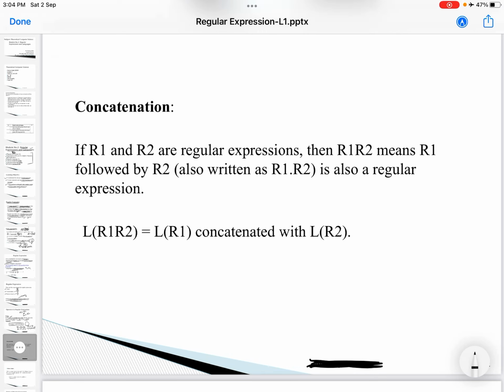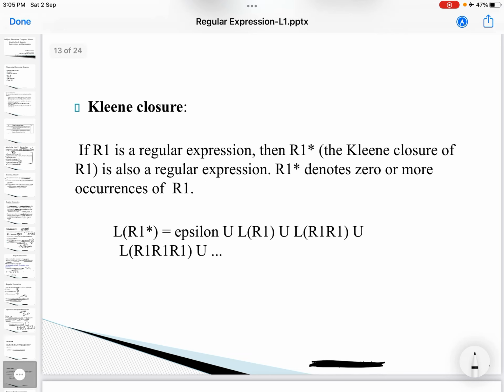Concatenation: if R1 and R2 are regular expressions, then R1 R2, meaning R1 followed by R2, also written as R1 dot R2, is also a regular expression. It is L of R1 concatenated with L of R2. And what is Kleene closure? If R1 is a regular expression, then R1 asterisk, the Kleene closure of R1, is also a regular expression. R1 asterisk denotes zero or more occurrences of R1.